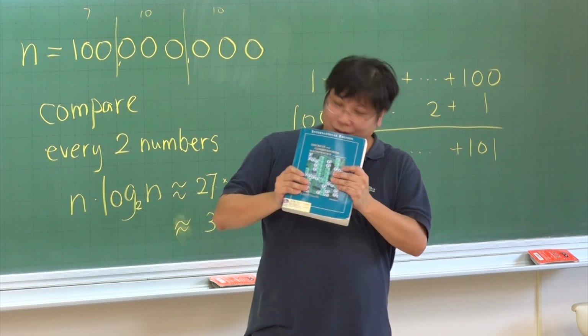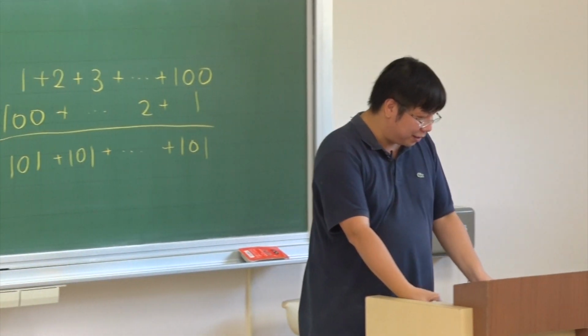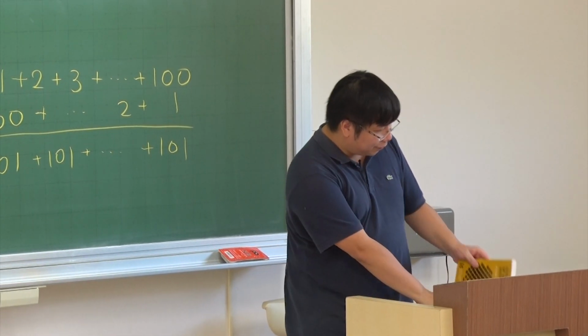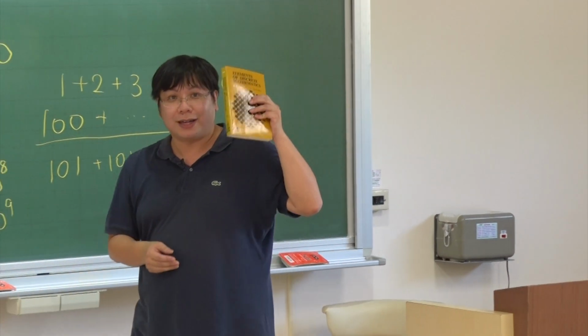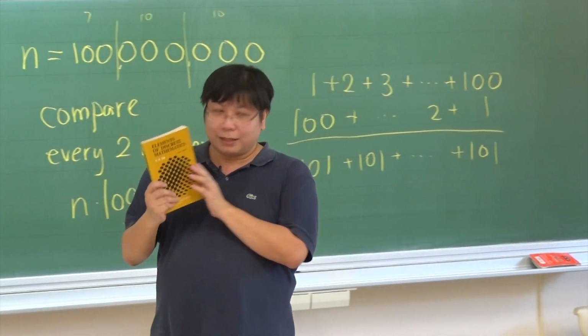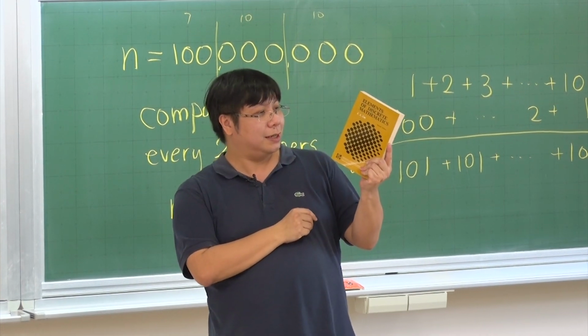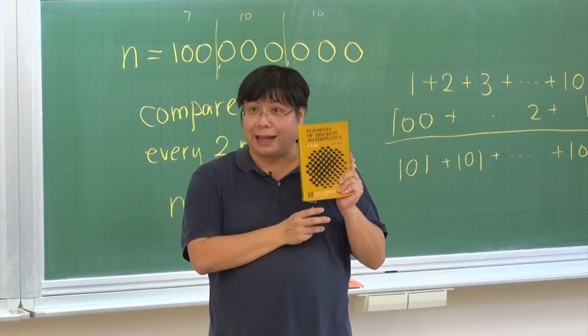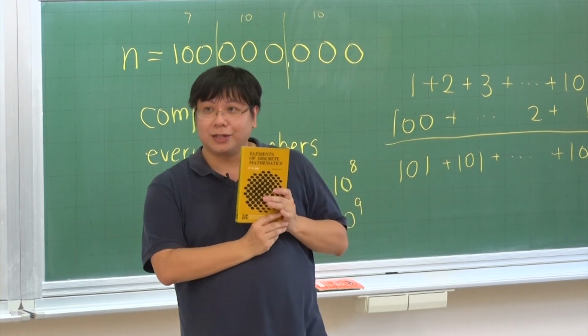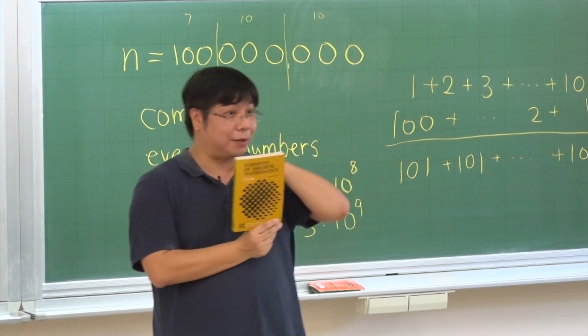But I want to mention this one. This is a very, very tiny, small book. Now, this is actually a very good book. It is written by Professor Liu Chonglang. Professor Liu is a former president of our school.